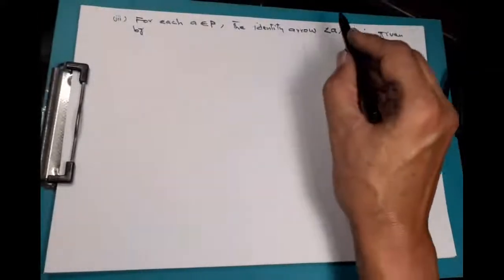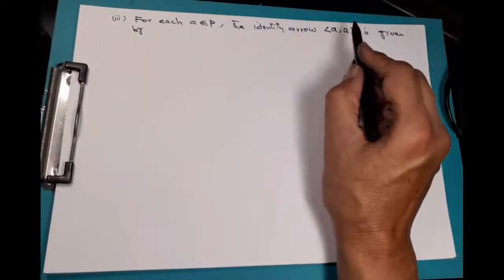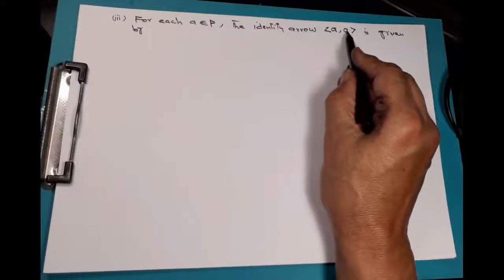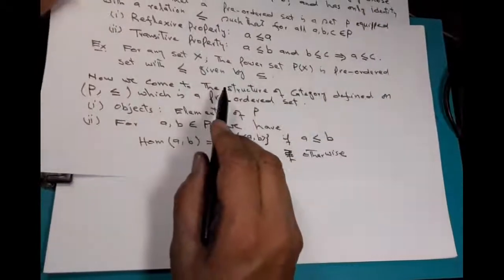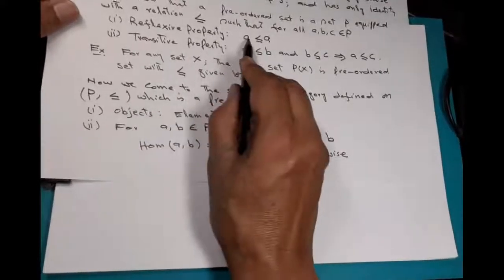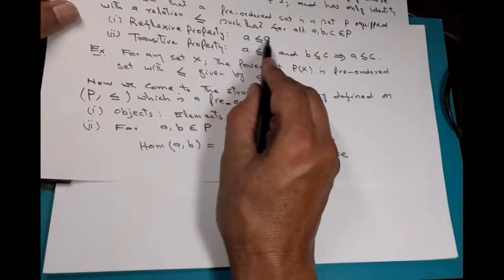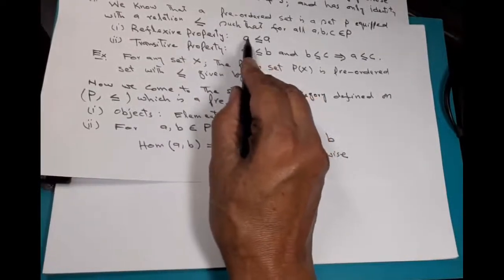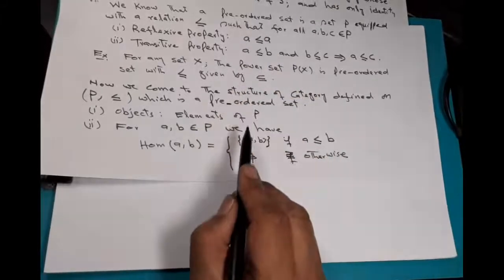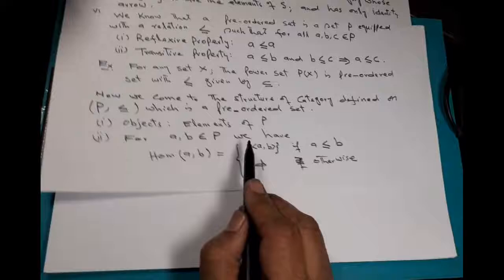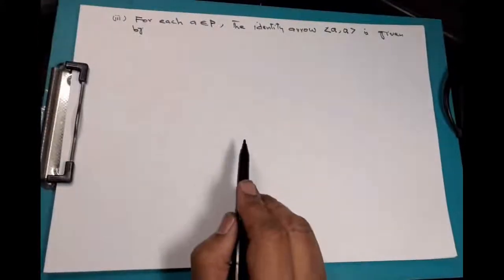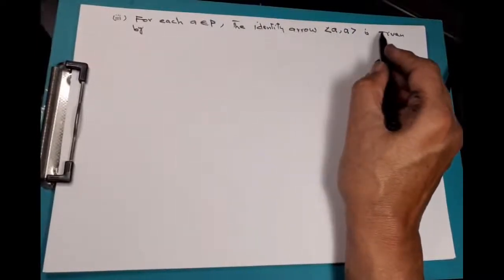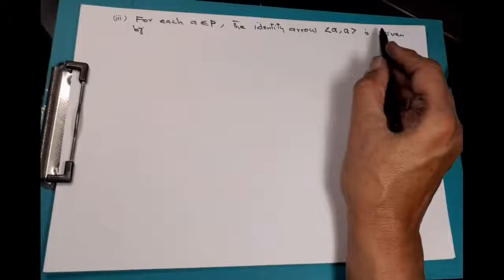As far as this arrow is concerned with domain A and codomain A as well, note that our reflexive property says that A is related with A. Therefore, there is an arrow from A to A because of our definition. So this particular arrow AA is given by the reflexive property.